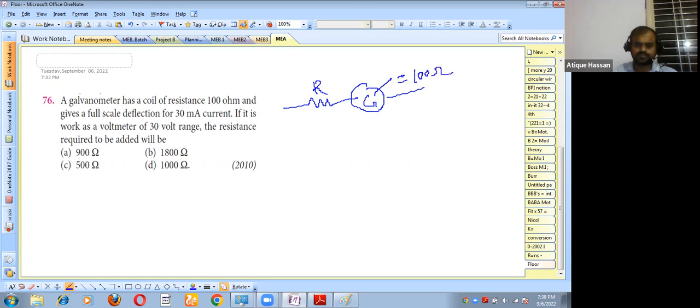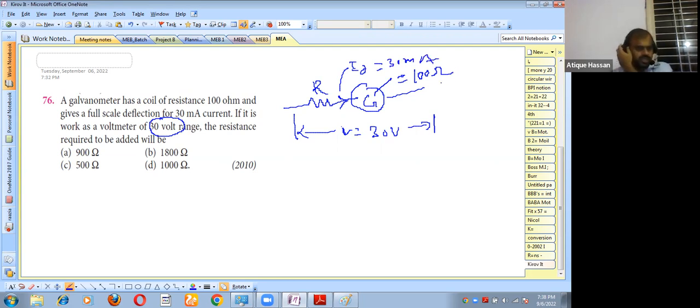Now the voltmeter has to work in a 30 volt range, meaning this potential difference should be equal to 30 volt. Voltmeter reading should be 30 volt for full scale deflection. So basically this current Ig is given as 30 milliampere, right?